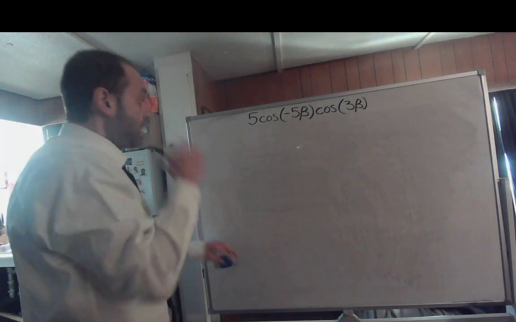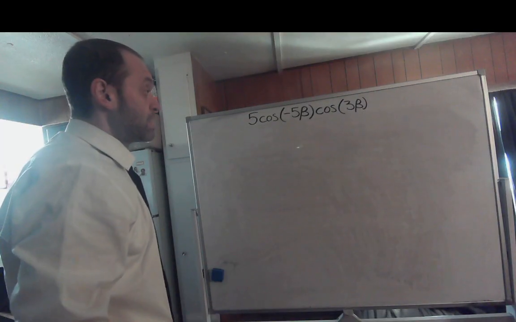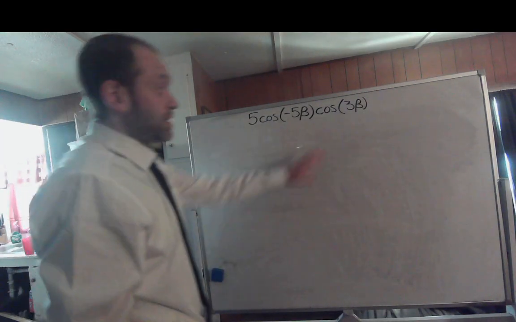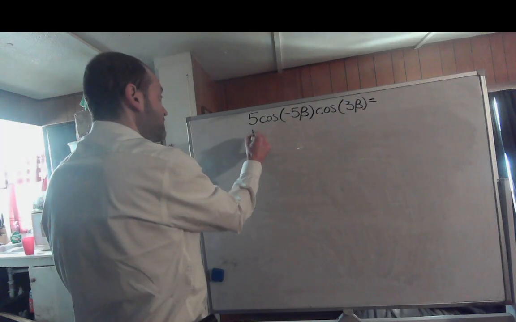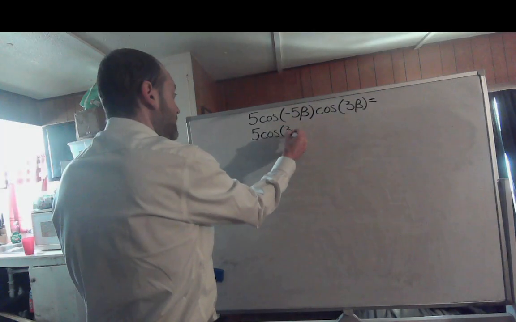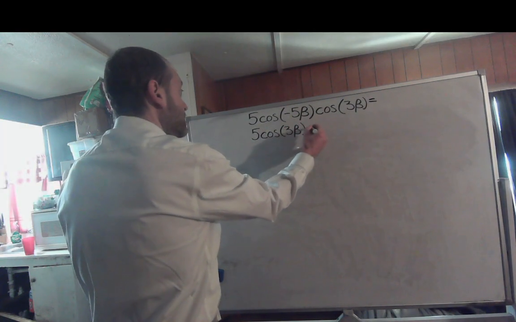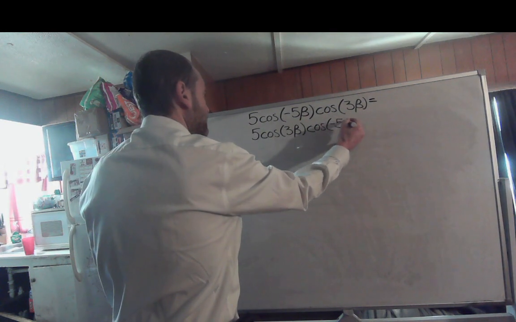Well, I'm definitely going to suggest that since the 3 beta is greater than the -5 beta, let's switch those orders around. So you should end up having 5 times the cosine of 3 beta times the cosine of -5 beta.